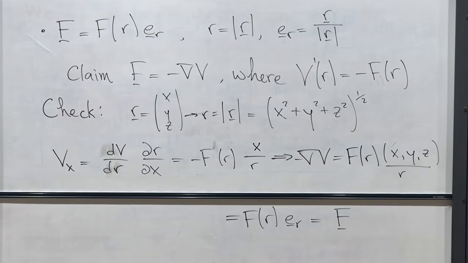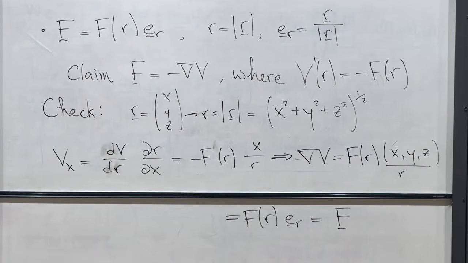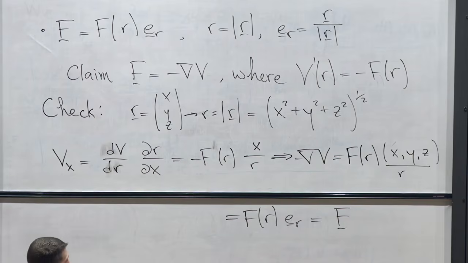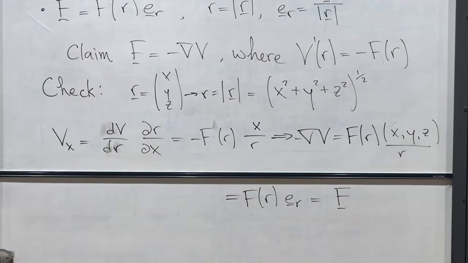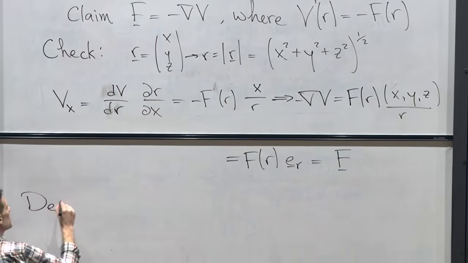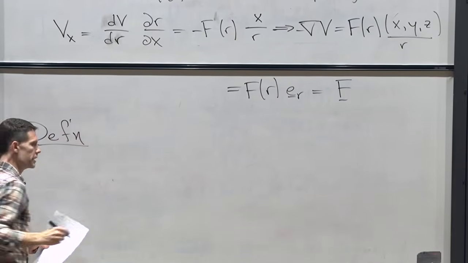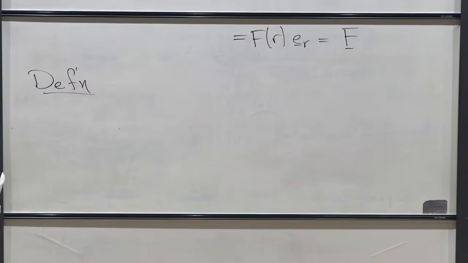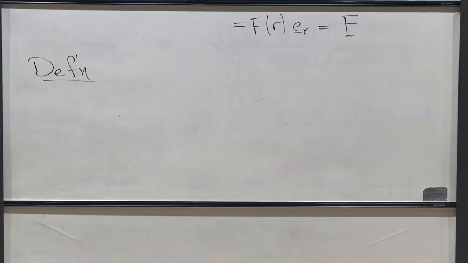Right, so as I said, my claim is that for a central force, the motion is actually living in a plane. And to get to that statement, we need another concept, which is angular momentum. We also need this concept more generally.